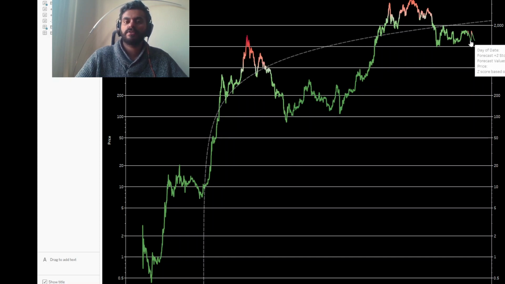With plus two standard deviations, the lows coincide with around $1,240, which is around $150 lower than the current price of Ethereum. But again, it says there will be a bounce sometime in the second week of April, and then again a capitulation towards the end of April and early May.